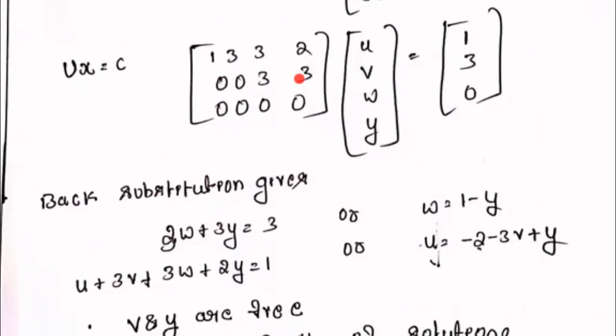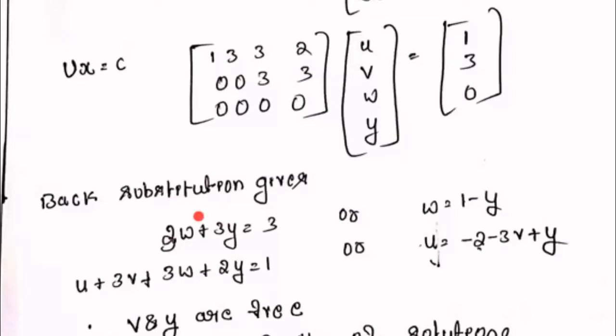So u, v, w, y multiplied by the third row, everything is 0, so you get nothing. When you multiply with the second row, u anyhow is 0, v is 0, then this becomes 3w and 3y you will get.